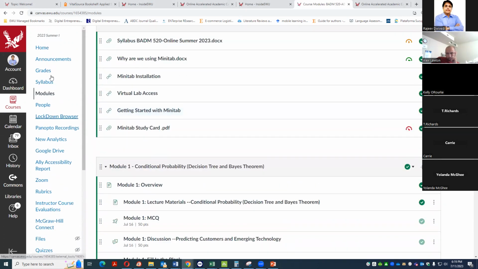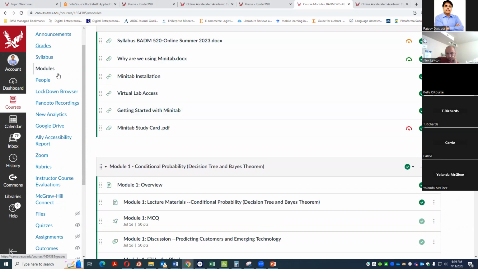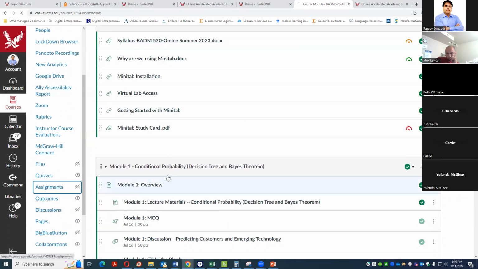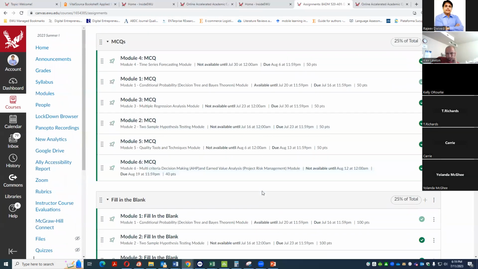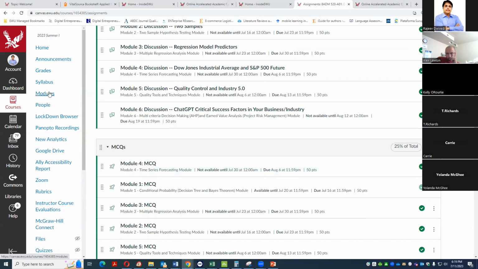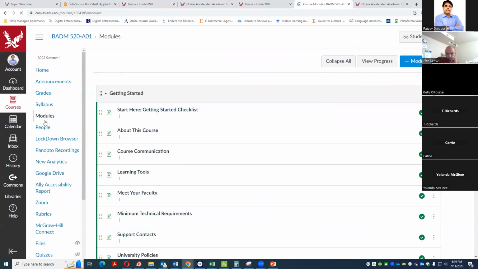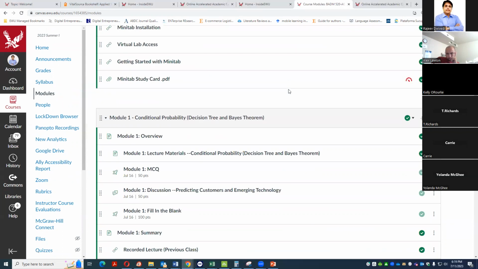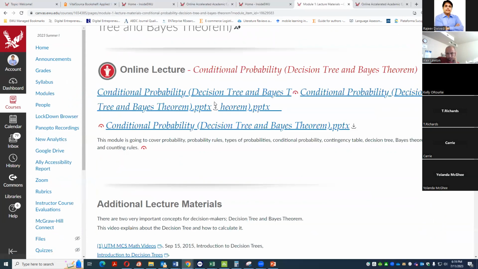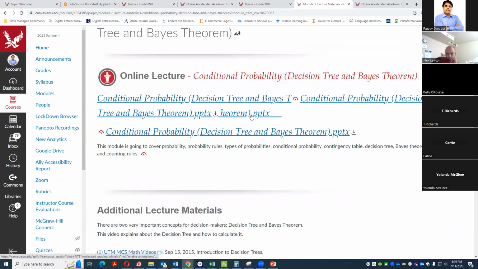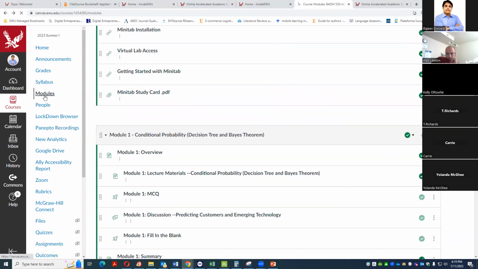Most of the students go directly under assignments and do the assignments. But you should browse by module. When you browse by module, you will see everything systematically. Here you can see the lecture, and these are the PPTs which I'm using. You just download them. Can you see it? Yes, I did not realize those were links. I missed that. Thank you.